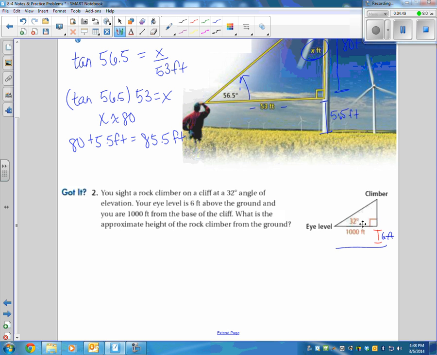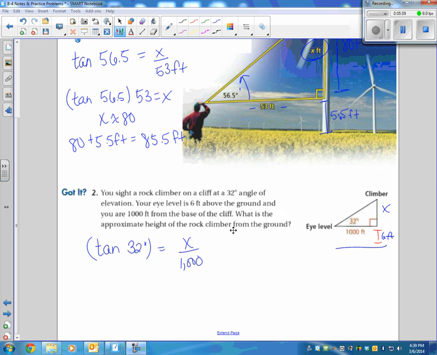So it looks like I'm still looking for this opposite side. So I'm going to say the tangent now of 32 degrees is going to be equal to x over 1,000. Okay, so I'll just plug that in my calculator.